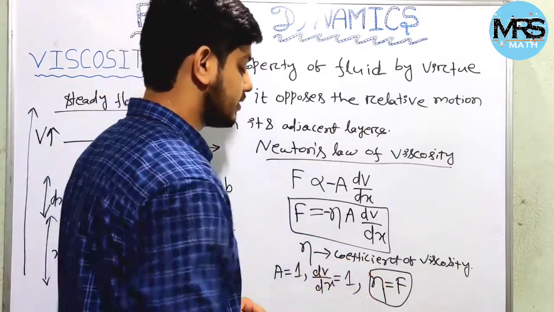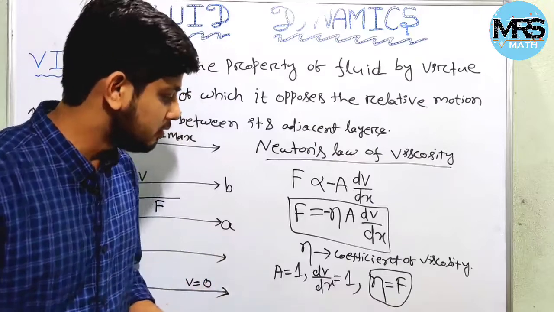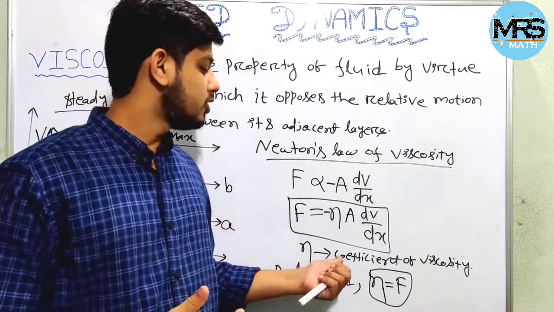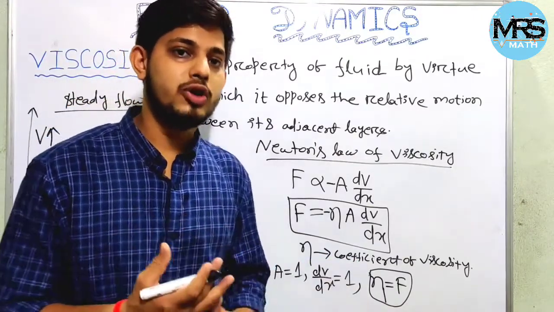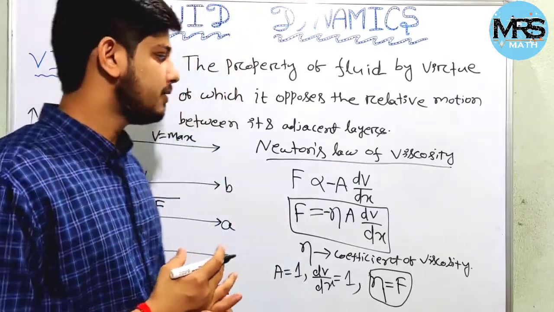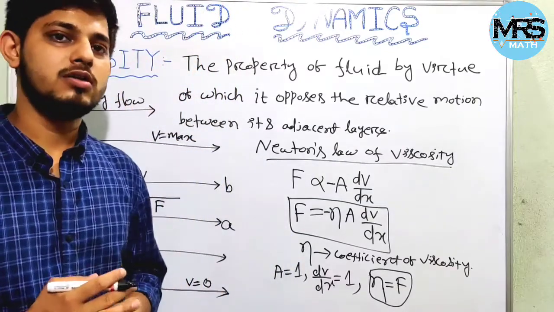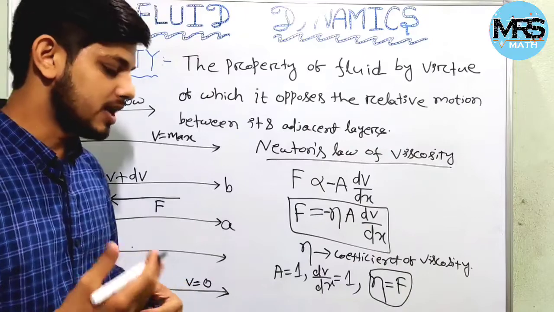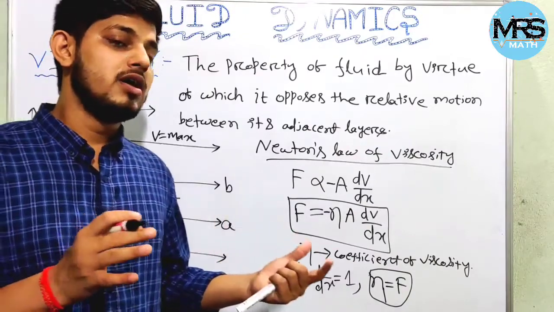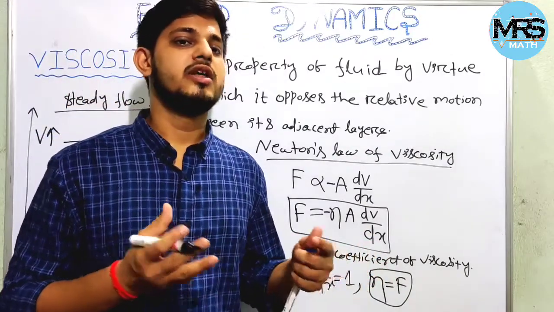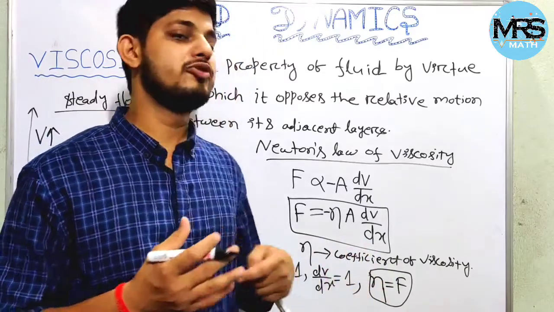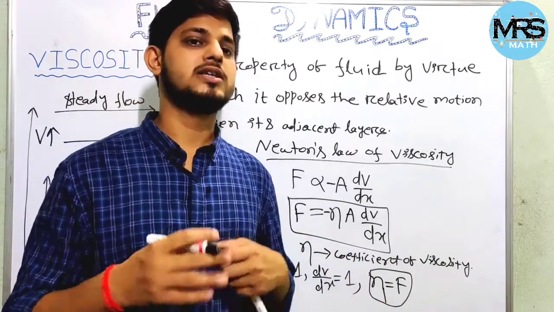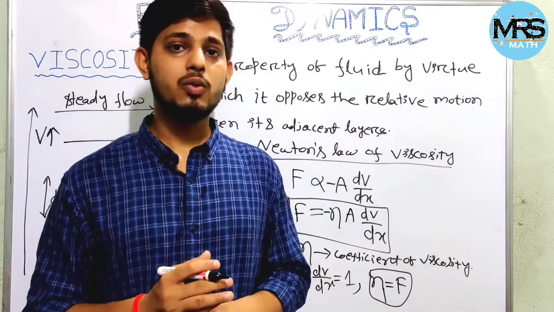From here we can conclude that the more the value of the coefficient of viscosity, the more the thickness or viscosity of the fluid. So if we compare water with honey, then the coefficient of viscosity will be more in case of honey as compared to water.